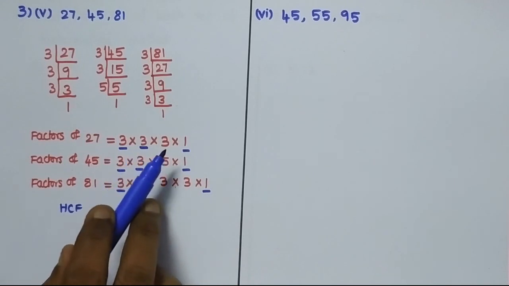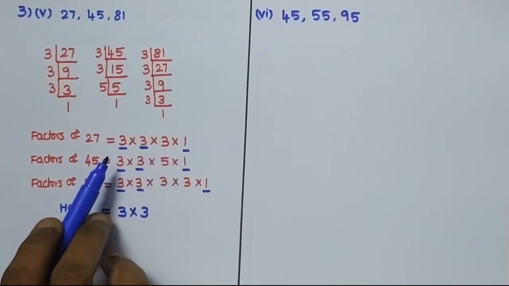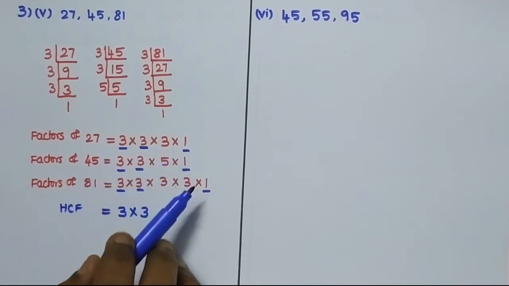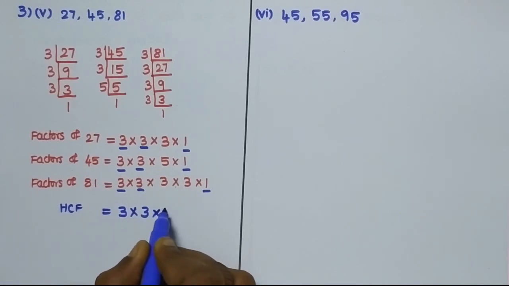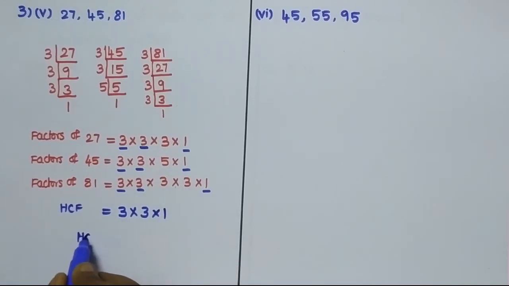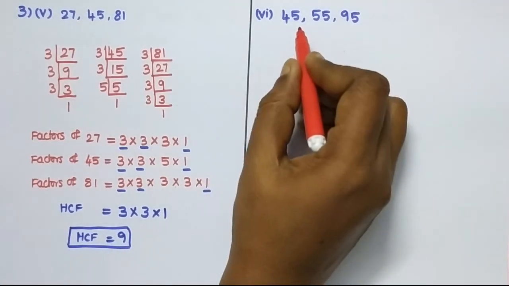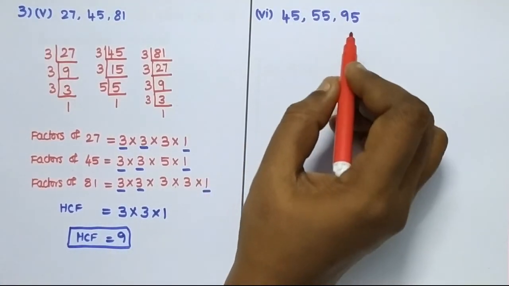In 3 factors, 1 3 2 3s and 1 is common. So HCF equal to 3 3s are 9, 9 1s are 9. 9 is the answer. Next one, 45, 55, 95.